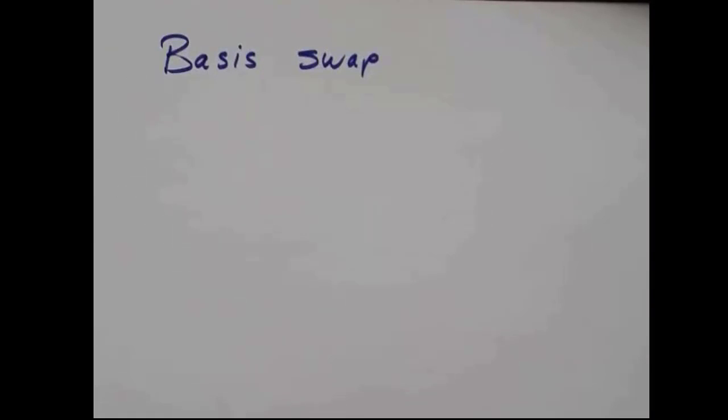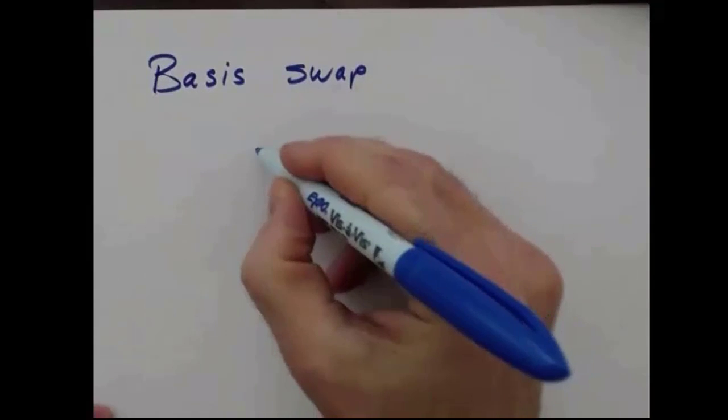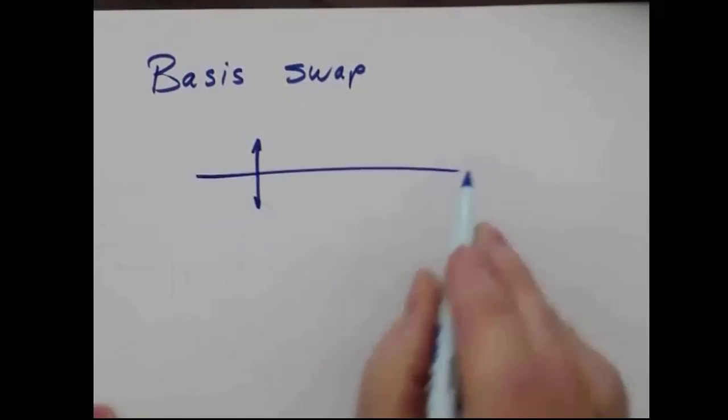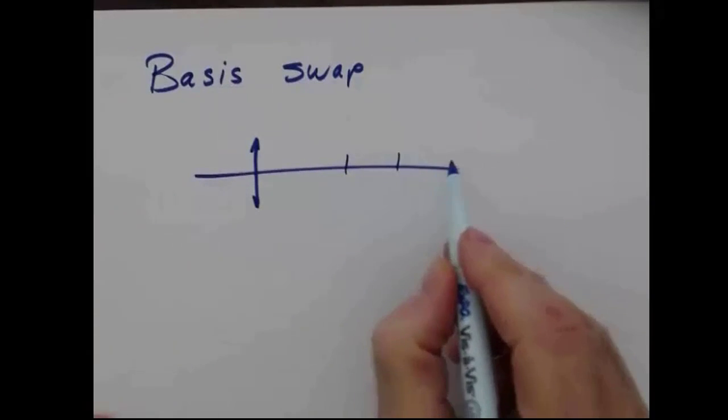A basis swap is a play between two interest rates, two variable interest rates. And you can think of a basis swap as being the sum of two plain vanilla interest rate swaps. Yes, that's right, the sum of two plain vanilla interest rate swaps. So if we have a swap, and I'll just look at one particular cash flow, pretend we're on a line here, and this is where cash flows, right?